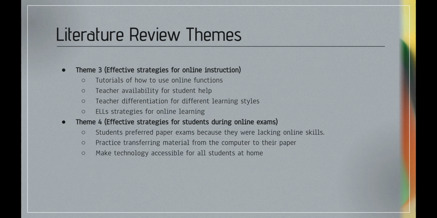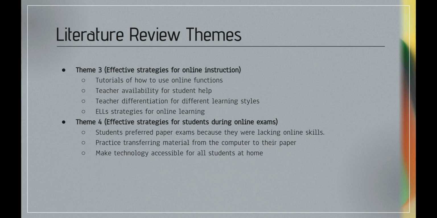That's theme number three. Theme number four would be effective strategies for students during online exams. So, students do prefer paper exams because they are lacking online skills. They are not sure of how to use the different features. Therefore, they prefer paper exams. Also practicing transferring material from computer to their paper, even in math, even as little as copying down the negative sign, that really makes the problem incorrect because they didn't transfer the material correctly to the paper in order for them to solve it.